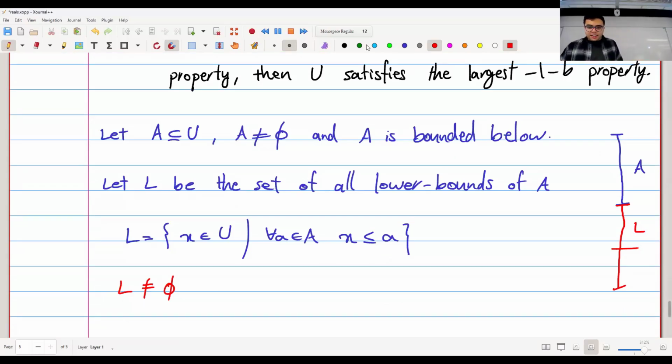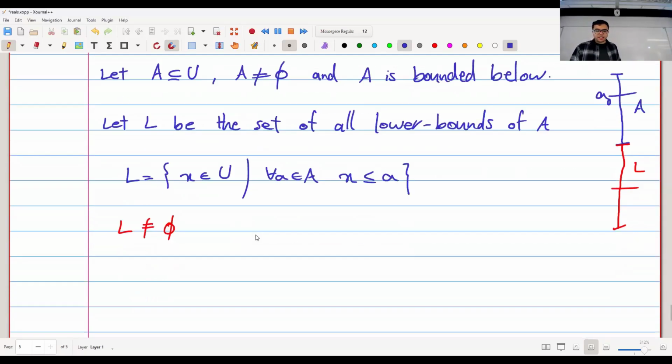Well, I know that my set A is not empty, so there is some element here. Let's call it a0, right? And this a0 is going to be an upper bound on L. That's again by definition. So for every l in L, l is less than or equal to a0. So a0 is an upper bound on L.